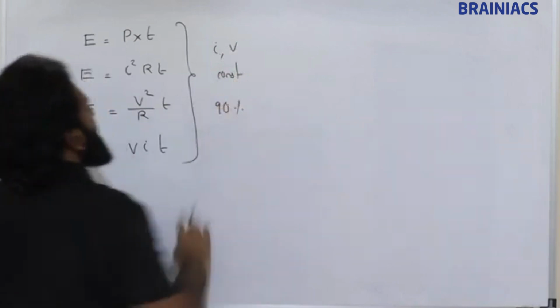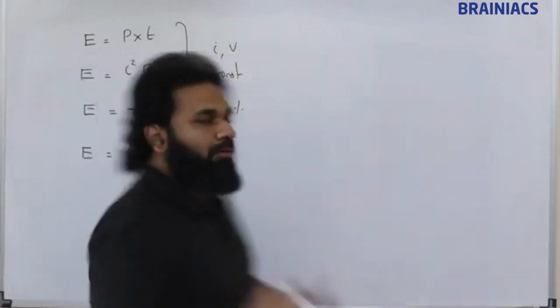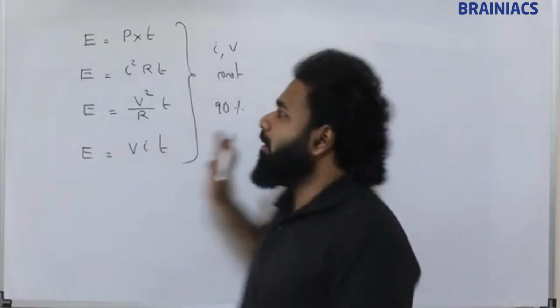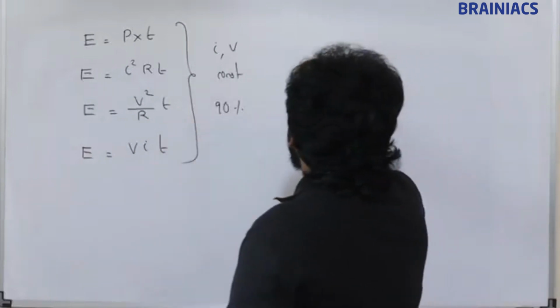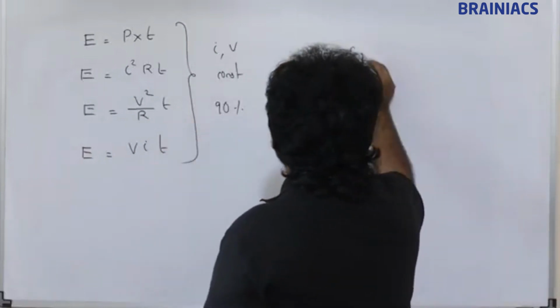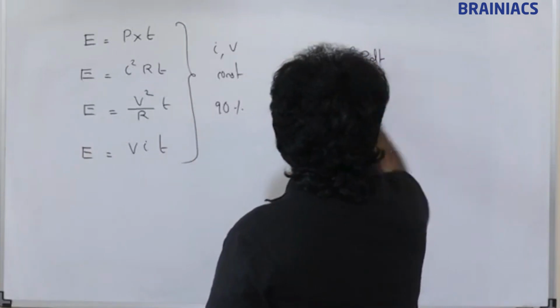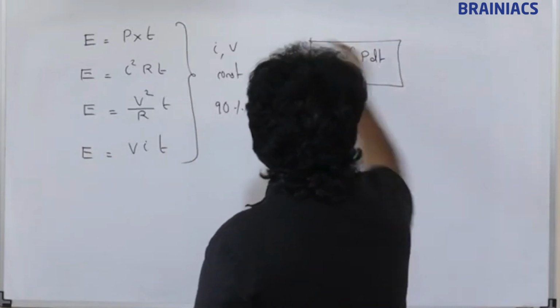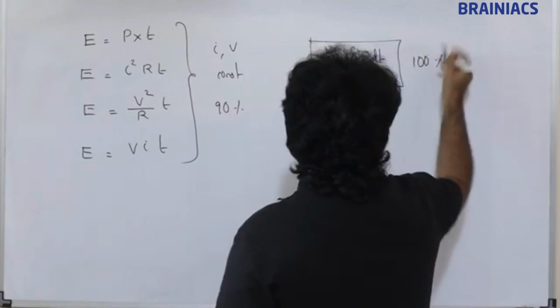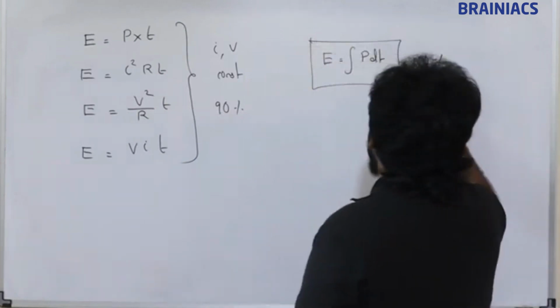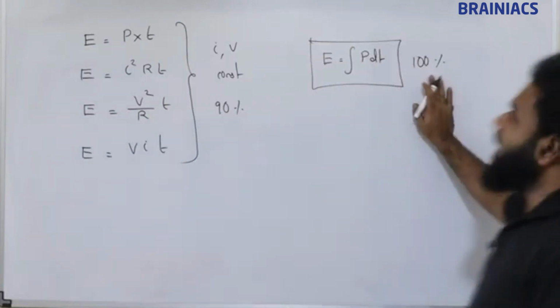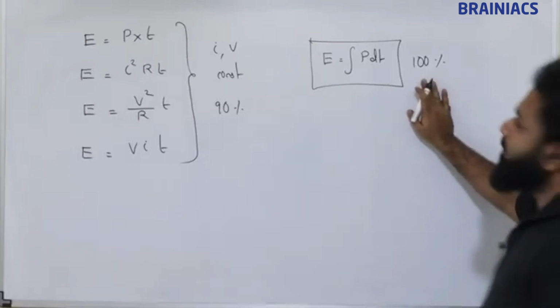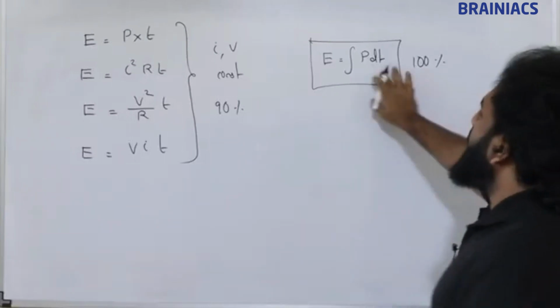90% of the cases we get in this way. But E is equal to integration of P dt is 100% applicable anywhere. We will not make mistakes if we follow this.